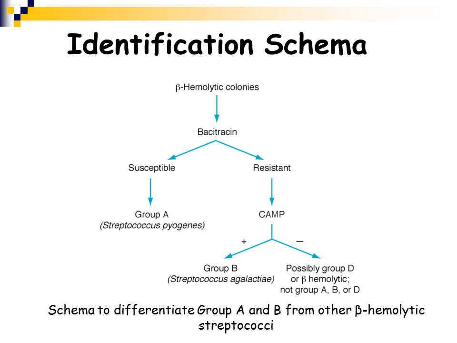If it is positive for the CAMP, you get that arrow reaction between the Staph aureus and the strep, it would be considered a group B Streptococcus or Streptococcus agalactiae. If it's negative for CAMP, it could be one of the other Streptococci, and we will talk about those in the upcoming lectures.